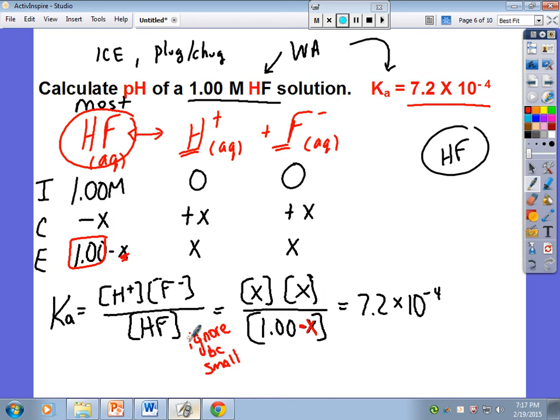Right, that X is very small. I'll prove it to you in a minute, when we're done with this problem. But I'm going to ignore that. That's going to make my math a lot easier. That means that that X isn't there. What's true? That means that I have X squared is equal to 7.2 times 10 to the negative fourth divided by 1.